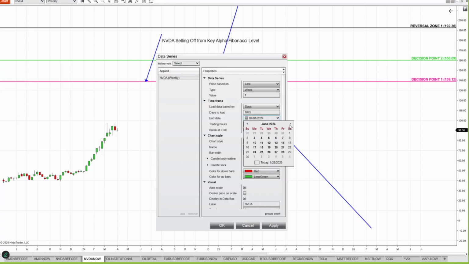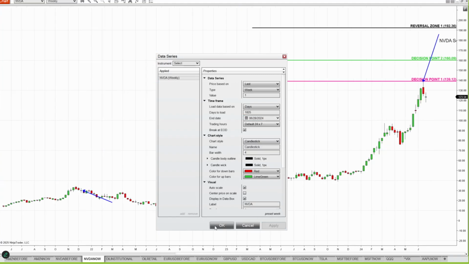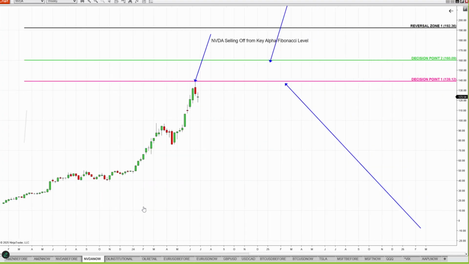June 2024, price reaches this level. Shock or not, Nvidia is selling off. Wow. Doing an identical thing as S&P has done in front of you. As again, every single strategy I develop applies to every instrument, every time frame, can be traded on every platform.